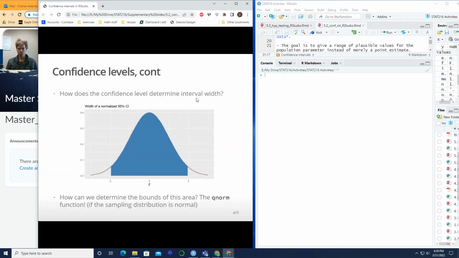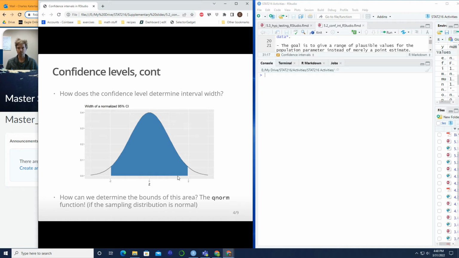All right. How can we use the confidence level to determine the width of our confidence interval? The normal curve I have drawn here demonstrates the width of a 95% confidence interval. We don't have the values labeled here, but really what's going on is that we're finding a range of values so that 95% of all samples fall in this area.